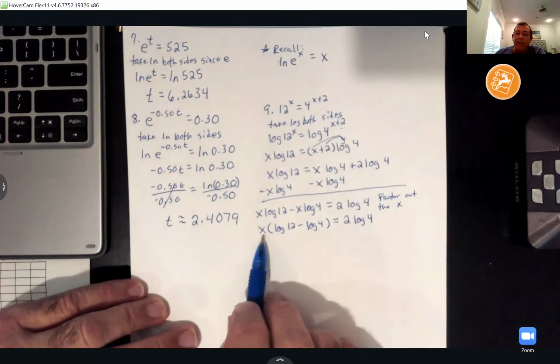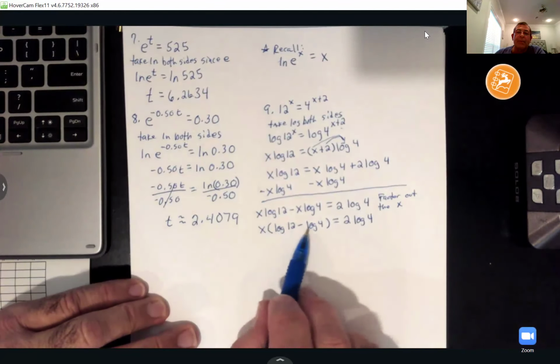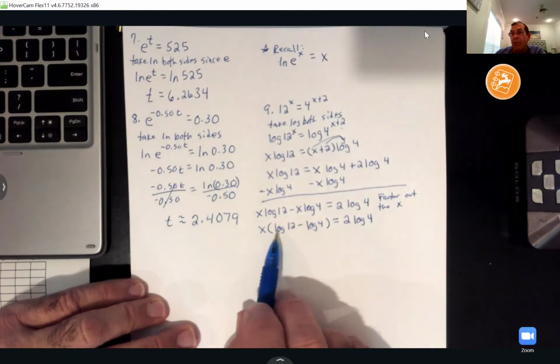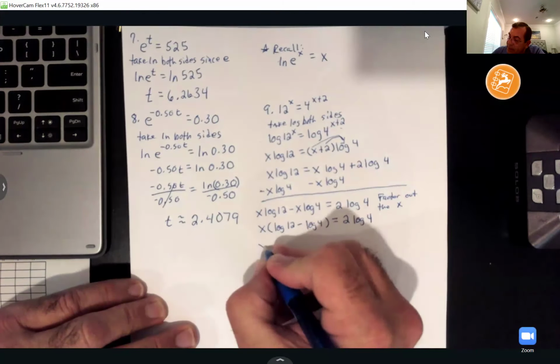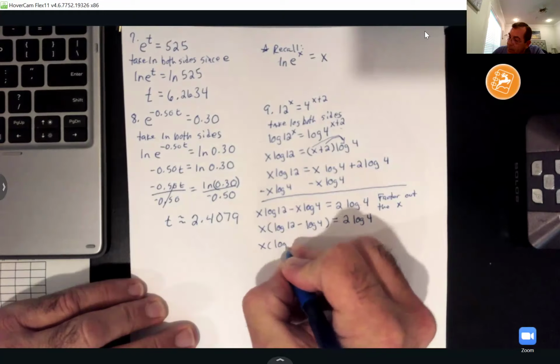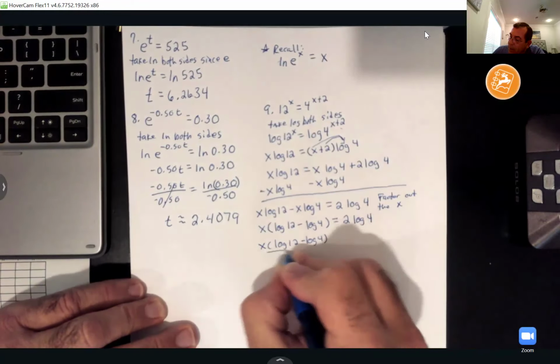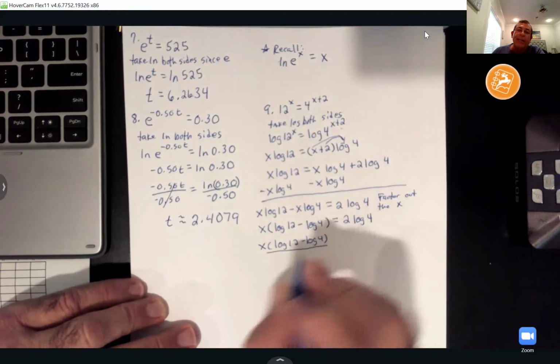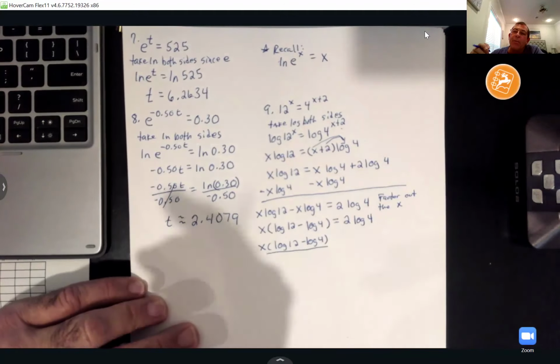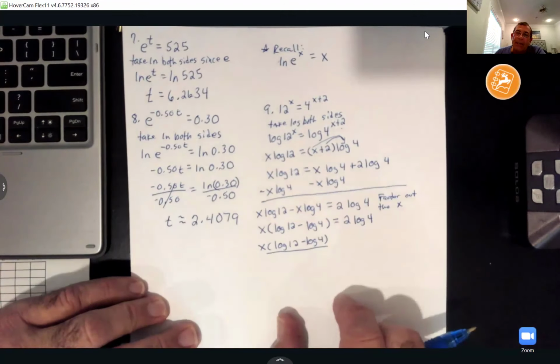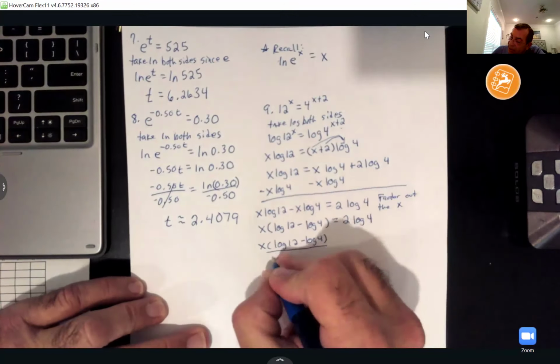And then remember, last time I had x times parentheses, I divided both sides by the parentheses. Now, the reason these look like big problems is because these logs, we can't evaluate them into single numbers until the end, or you'll lose accuracy.